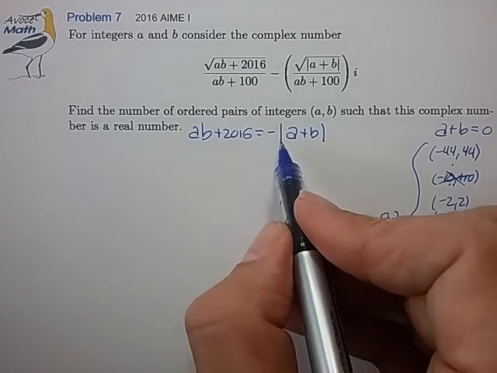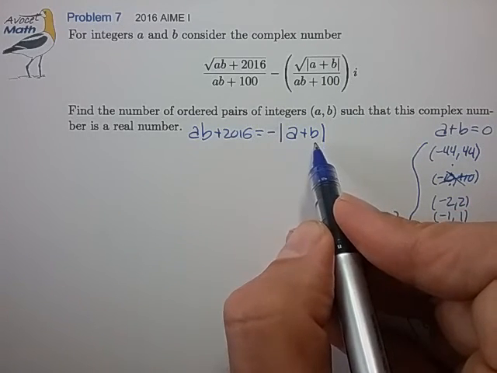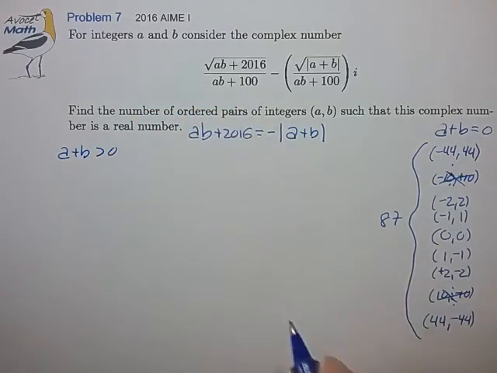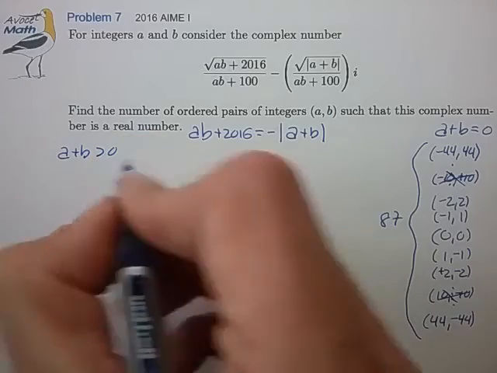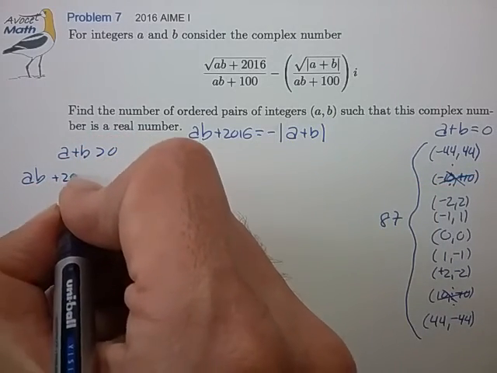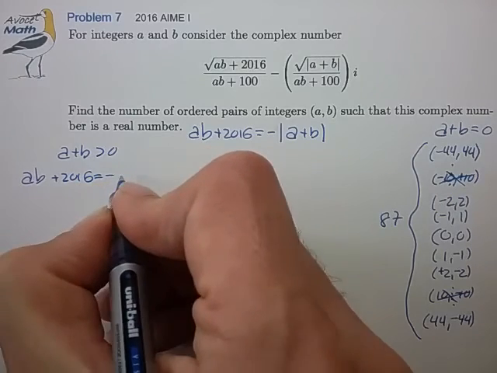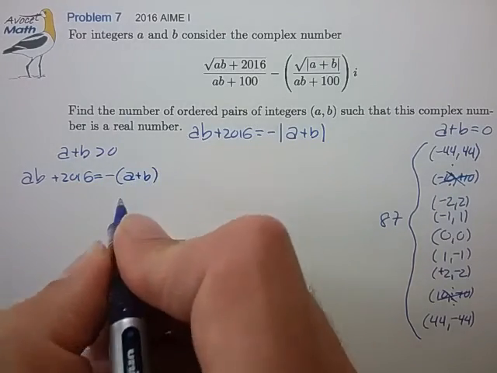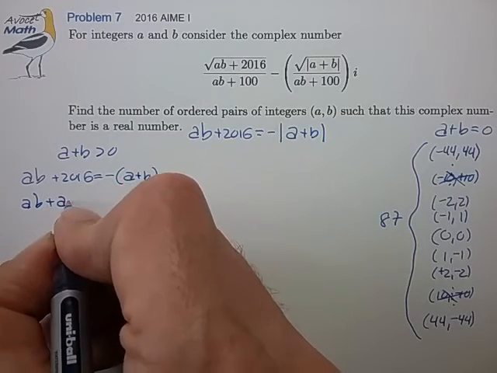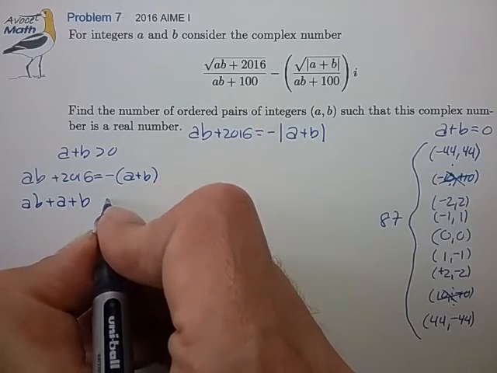So it looks like we have an absolute value sign that we have to break up into two cases. We have the case that a plus b is greater than 0, in which case we can write this expression as ab plus 2016 is equal to minus a plus b. And this looks like our very usual factorable integer equation.